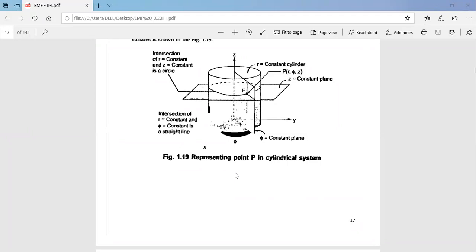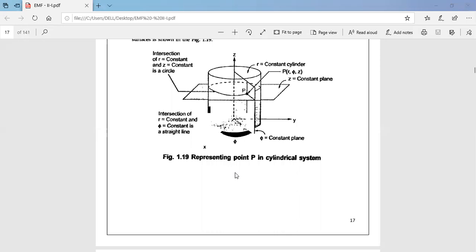All right. You see the function I'm going to give? R cubed phi over Z. That is Q. And I'm going to now give you the volume that I'm defining. So I'm defining R equals 6, phi equals pi by 6, Z equals 3.